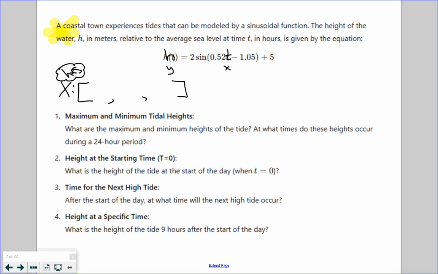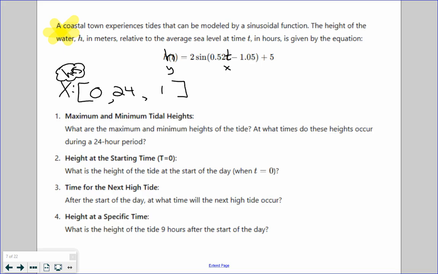Typically, over a period of a day, they go in and they go out usually twice. Usually, not always. Okay? So tides change every day. So if we think about wanting to see one day, but our units are in hours, what we would want to go is 0 to 24, because 24 hours is one day. Does that make sense? Okay.